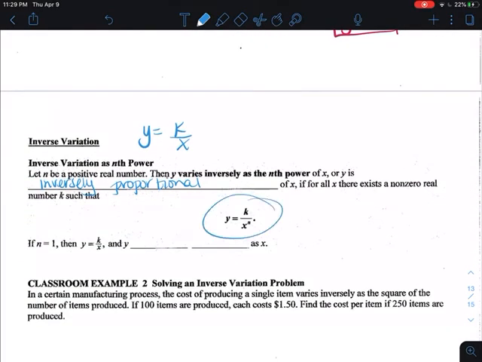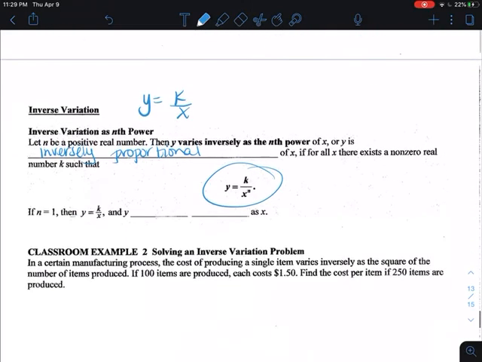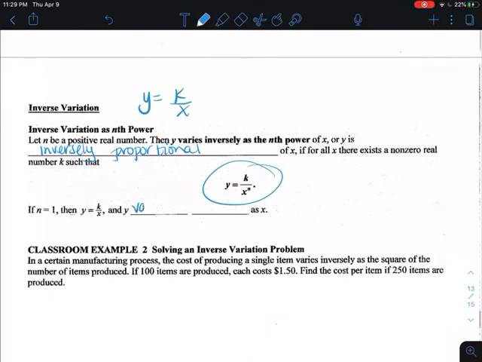All right, so here's your inverse variation. Again, this one that they have here, they have x to the nth power. X could have an exponent. So if n equals 1, then y equals k over x, and y varies inversely as x.